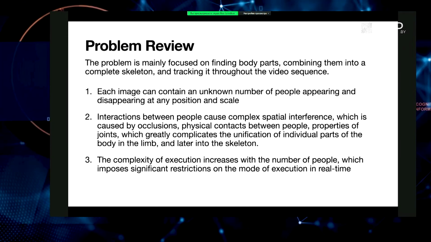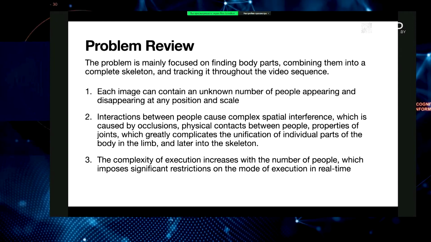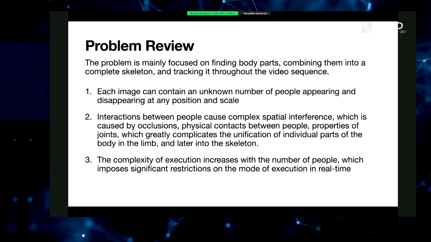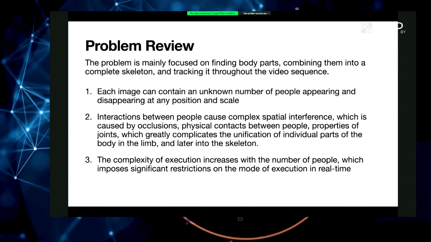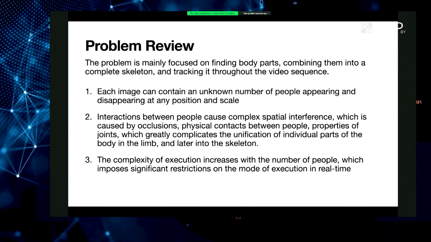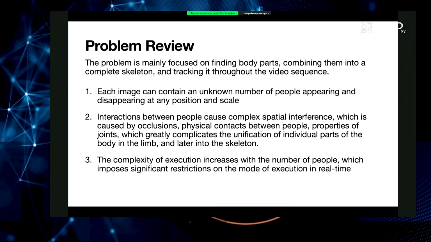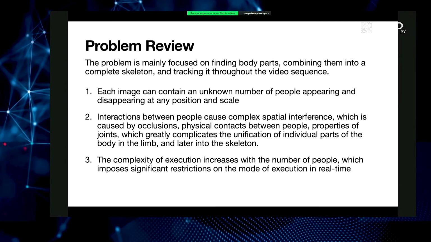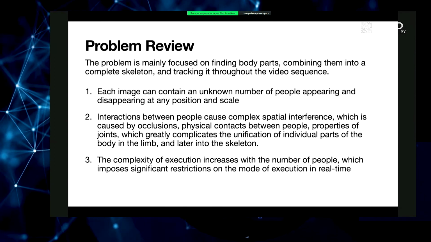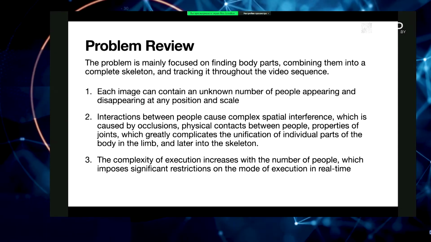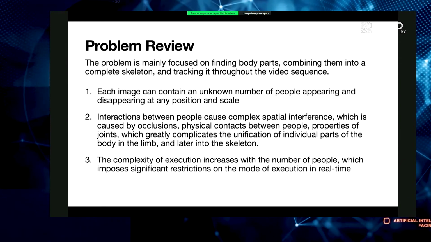And as we do the processing in real time, imagine you have, for example, 30 frames per second, and you analyze almost each frame, and the amount of people can change every second. And they can move and interact with each other.